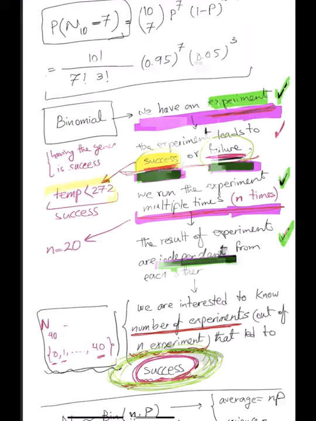Try to find that. Everything else is considered as failure. I don't care if my experiments have 20 outcomes or 100 types of temperatures. I know success is when the temperature is less than 272, and as long as I can find that, that's all I care about. Everything else in this setup is in the failure category. I don't care about them.